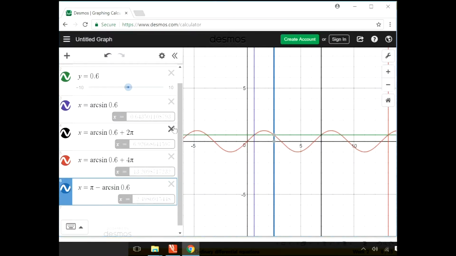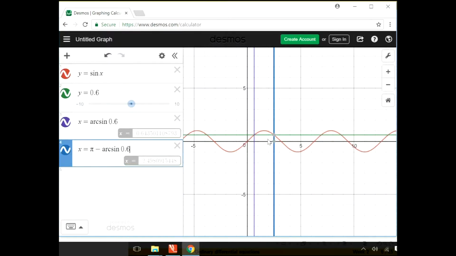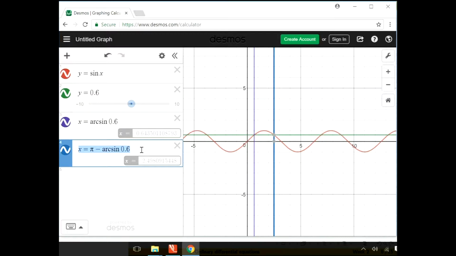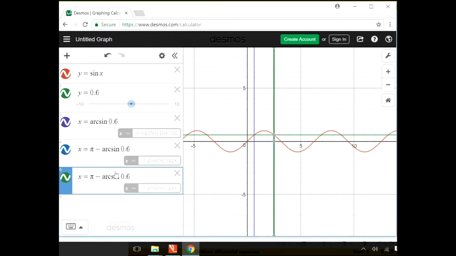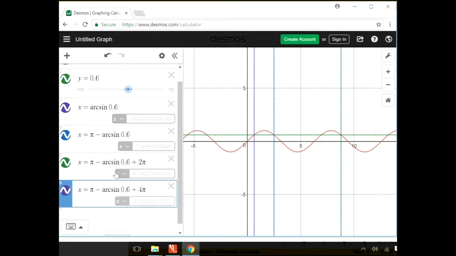So notice that let me just get rid of these. So notice that this and this are symmetric about the line x equals pi over 2. But then of course, if this is a solution, when we add 2 pi, we again get a solution. We add 4 pi, we get another solution.